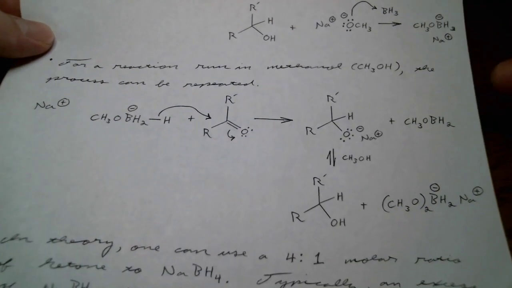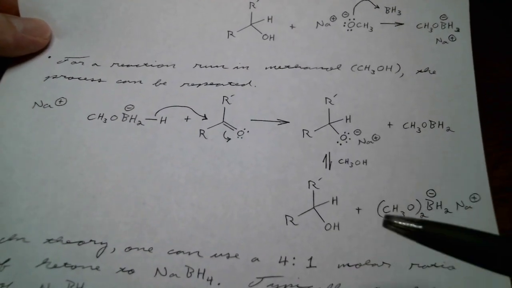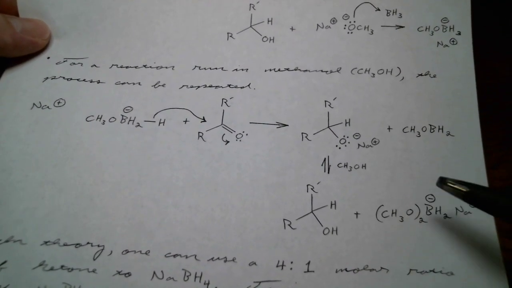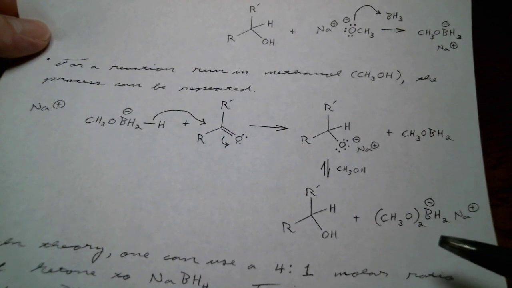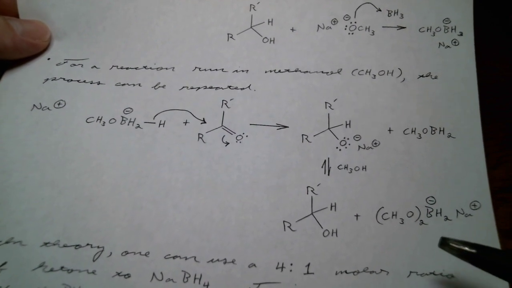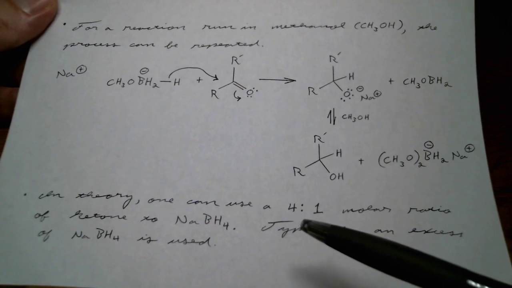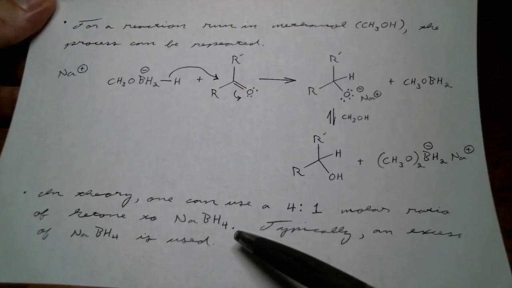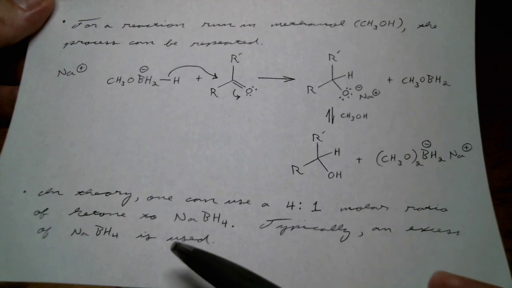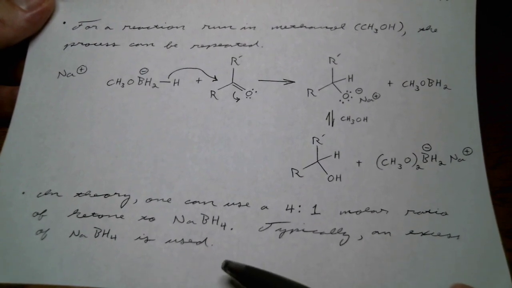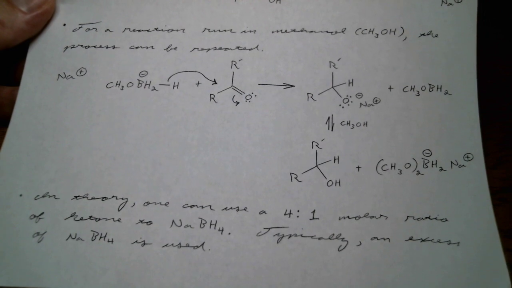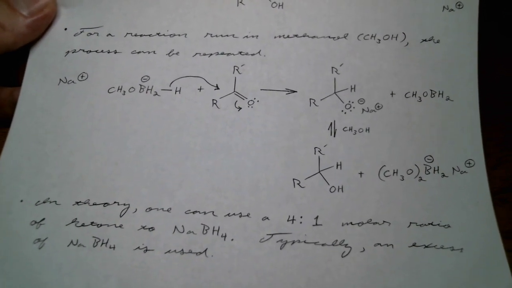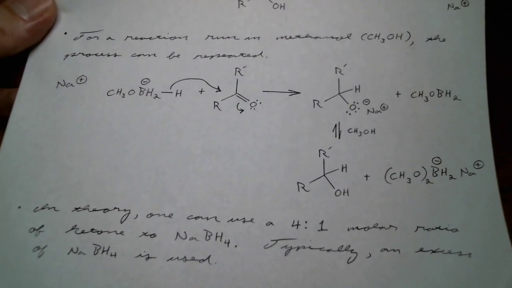We have plenty, since it's a solvent, and then the sodium methoxide that's generated can go and form this dimethoxy sodium borohydride. So in theory, one could use a 4:1 molar ratio of ketone to sodium borohydride. Typically, however, an excess of sodium borohydride is used. And quite an exciting reaction, but there could actually be even more exciting reductions.